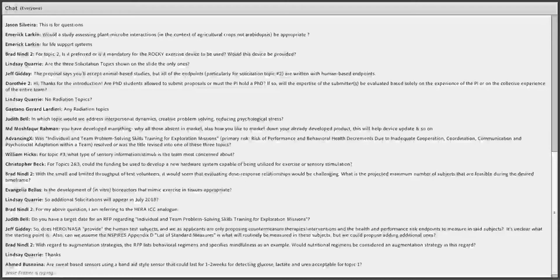And then it also asks, can we assume that the Inspire's list of standard measures will be routinely measured in these subjects, but can we propose adding additional measurements to that? So for standard measures, if it's a flight study, we'll have standard measures. If it's for HERA, we're working on those. They are not in place at the moment.